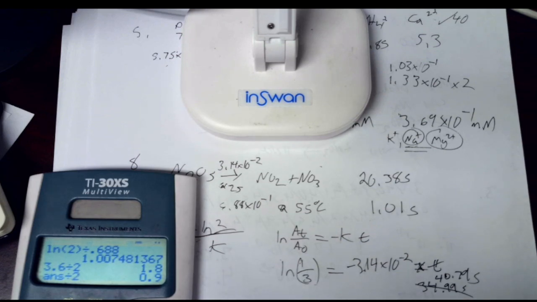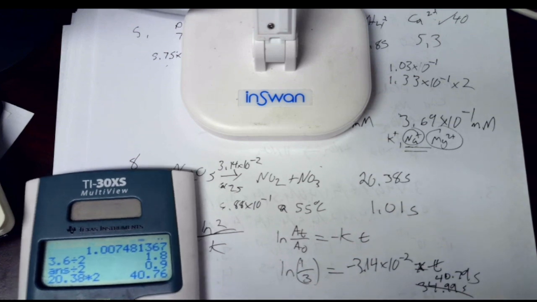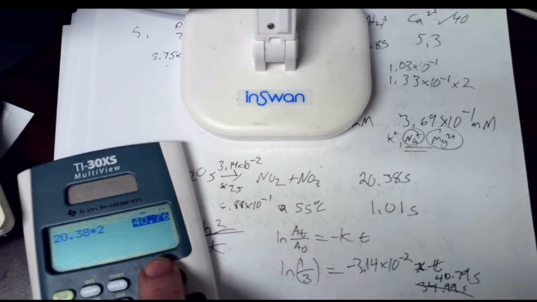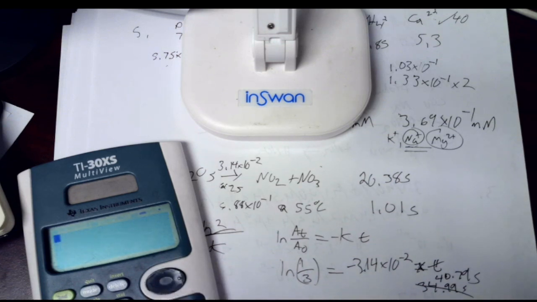2 half-lives would put it at 40.779. And so I think there's maybe a little rounding error on my part, which is why it looks like it's a little bit more. So either way, about 40.8 seconds.